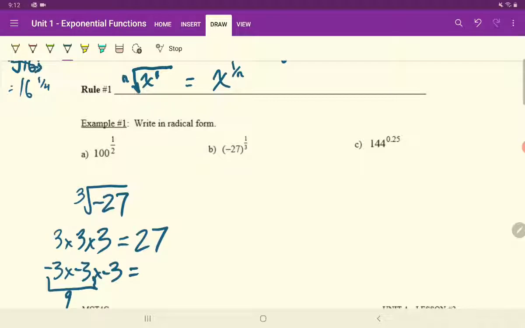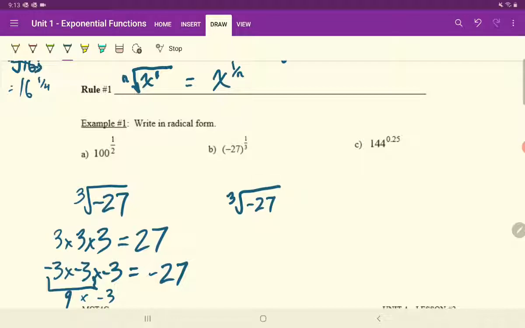And then times another negative 3. 9 times negative 3 is negative 27. So I can get an answer when I take the cubed root of a negative number. In this case, the cubed root of negative 27 is negative 3.